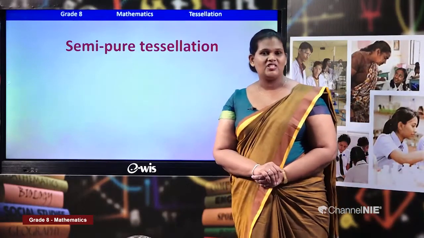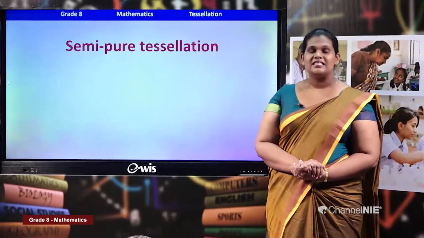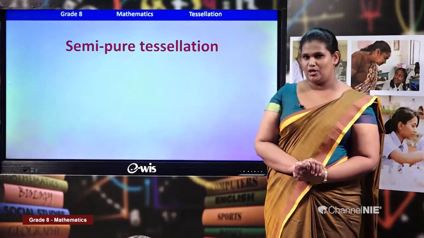Then in grade 7, we have discussed on semi-pure tessellations. So, once again we are going to recall the memory on semi-pure tessellations now. Now, what are semi-pure tessellations? Those are also tessellations, but this time semi-pure tessellation consists of 2 or more shapes.